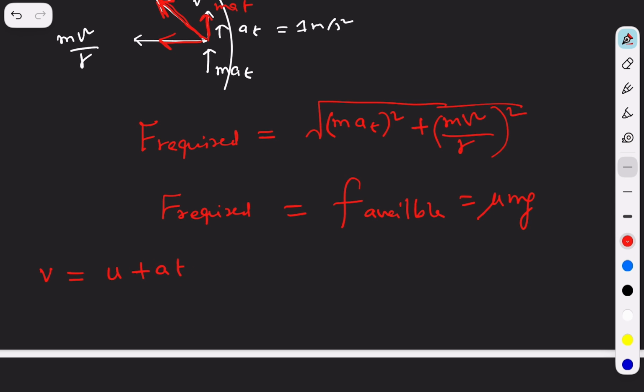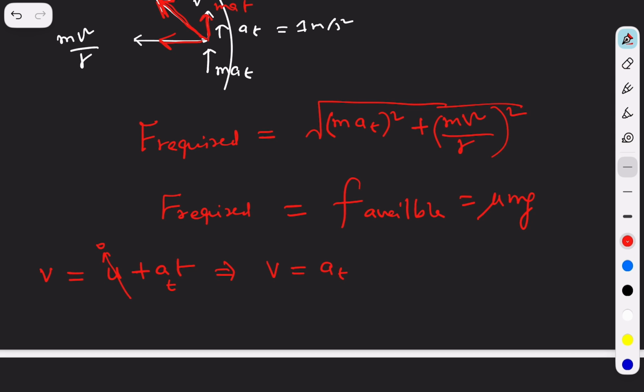So u is 0 in the start, because I have told you that when we are doing circular motion, along the circular path we can use the formula v is equal to u plus a t, s is equal to u t plus half a t square, and v square is equal to u square plus 2 a s, considering that here s is not the displacement, it is actually the distance. So that idea only I'm using here. So this will be of course a tangential, so v is equal to a tangential into t.